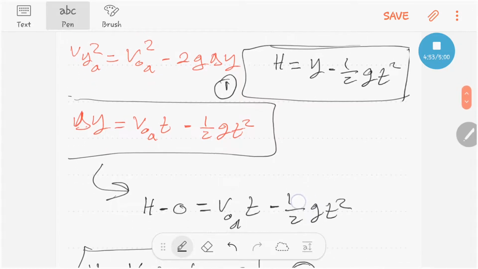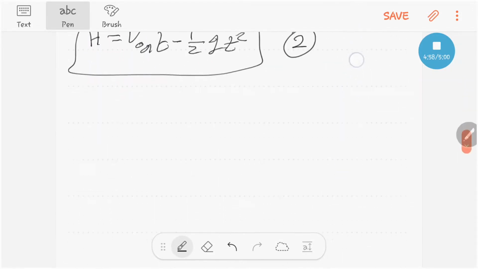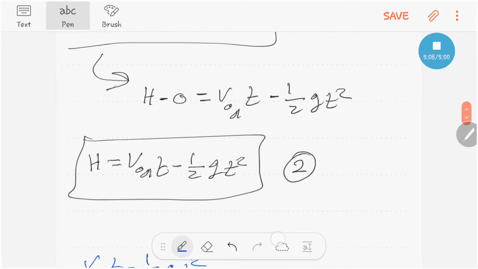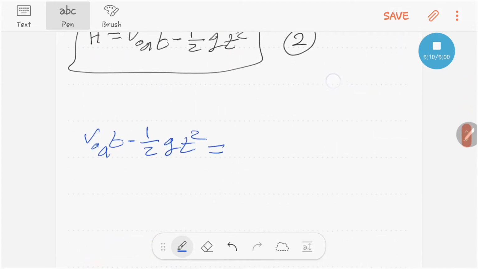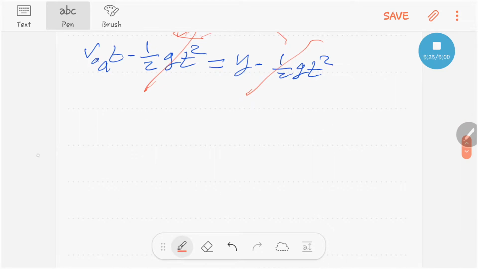Let's write them together by H. So now we have v naught a t minus half gt squared equals y minus half gt squared. When we do this, take out this term, v naught a t equals y.